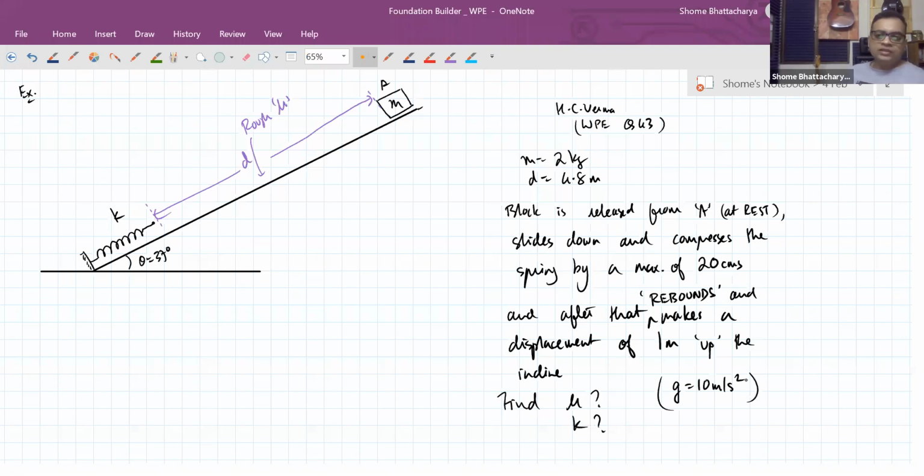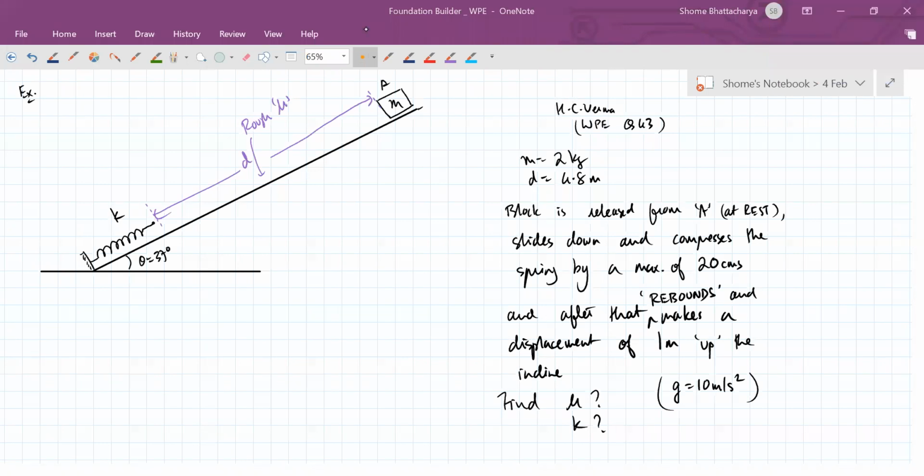How should we use work energy theorem? What should we take as a system, etc. And what all terms will be there in our work energy relation so that we can solve for these unknown quantities. Okay. So try to understand how we will apply work energy theorem over here and come up with some equations yourself so that we can find out the unknown quantities mu and k. Okay, I'll put up the solution in a minute.